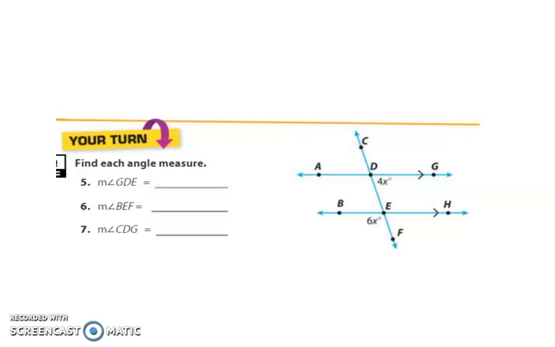And so on my paper, when you have a situation that is similar to this, what I suggest is that you recreate or label any drawing that is given to you so you know exactly what you're looking at.